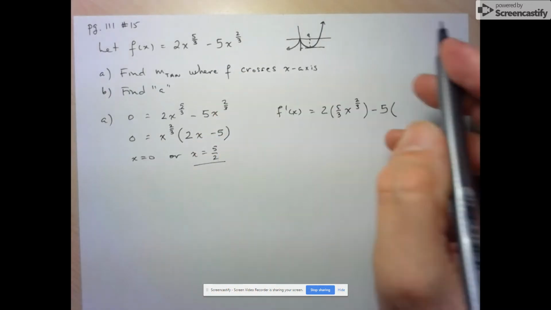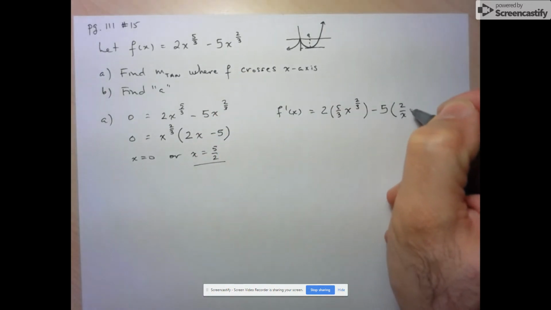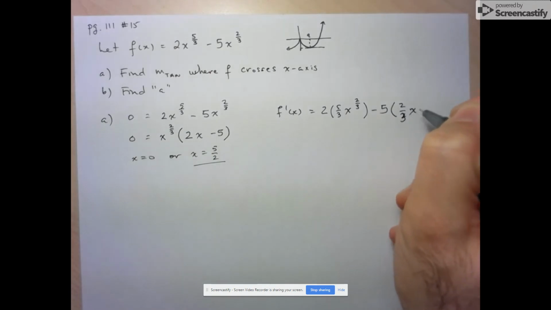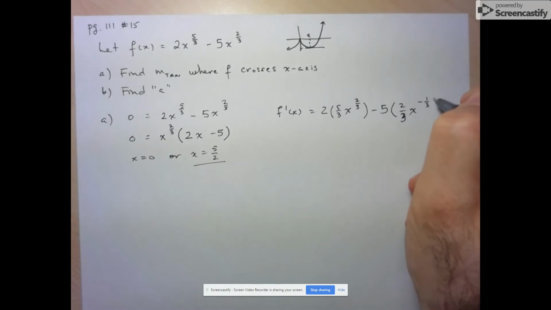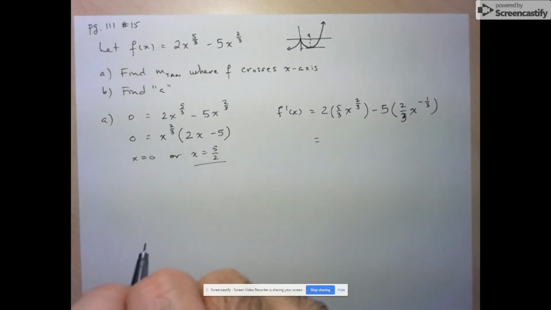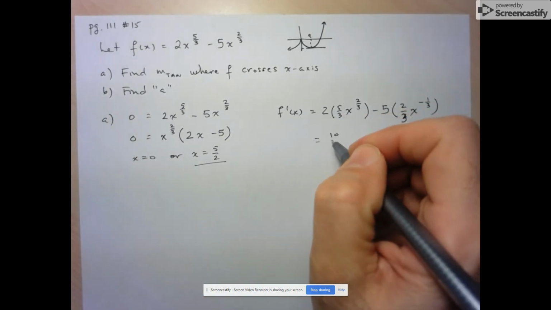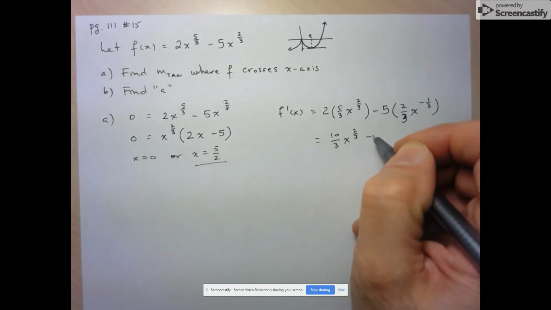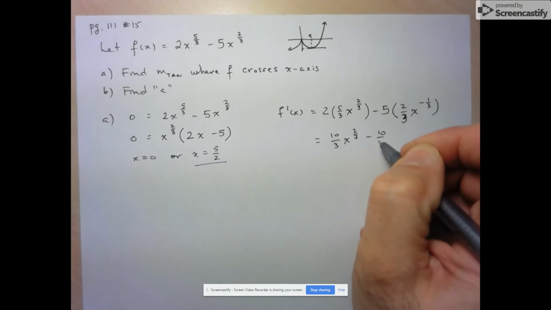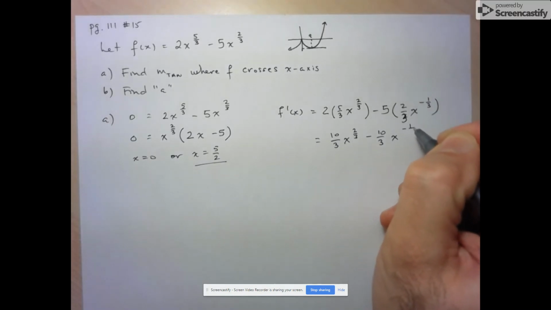So again, it's just 2/3 times x, and 2/3 minus 1 is negative 1/3. If we simplify that a little, we've got 10/3 x to the 2/3 minus another 10/3 times x to the negative 1/3.